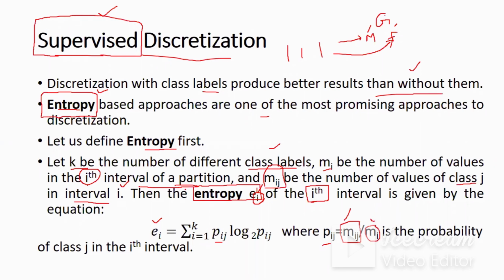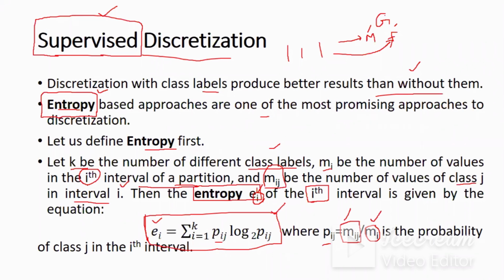What we expect is ei to be very low. If ei is high, then that is not a proper interval. The interval is not appropriate.